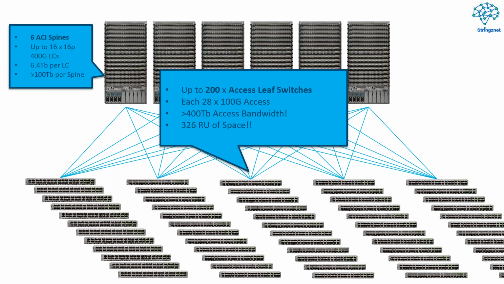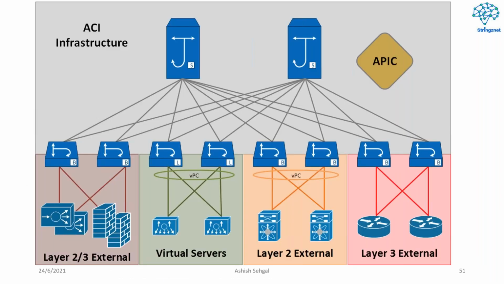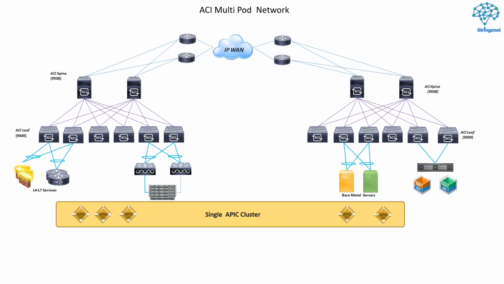We will be using controller version 4.2 in our lab sessions, and the response is up to 6 ACI spine switches and up to 200 ACI leaf switches. Again, it all depends upon the controller version. ACI infrastructure is well known to us.